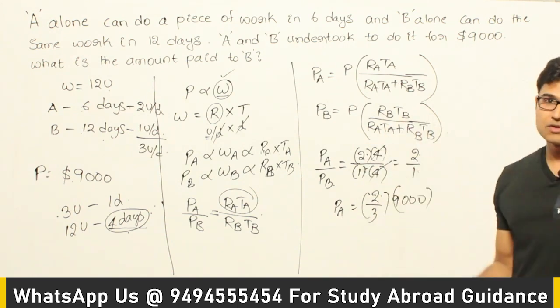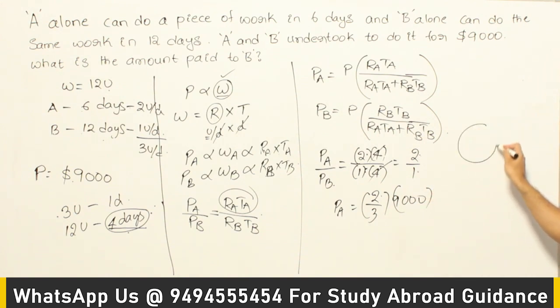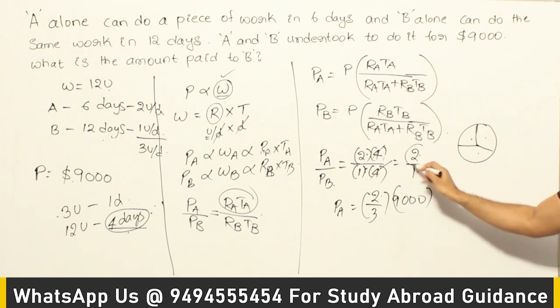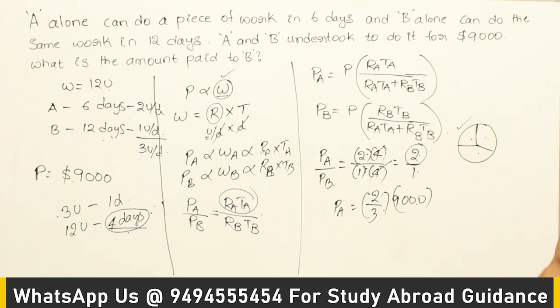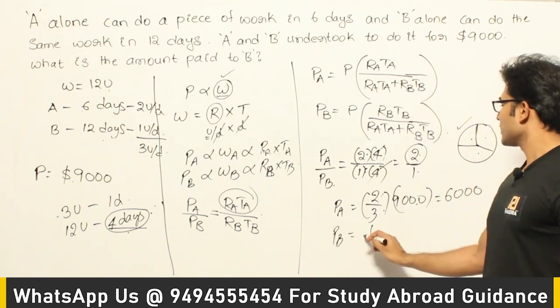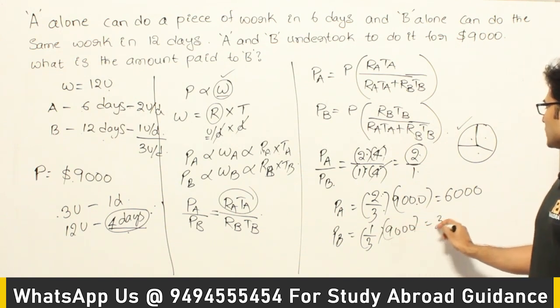Or if you want to understand it, if you divide the total share into 3 parts, A is going to get 2 parts. That is why 2 out of 3 parts of 9,000, which is going to be 6,000. And what about B? B is going to get 1/3 of 9,000, right? Which is going to be 3,000.